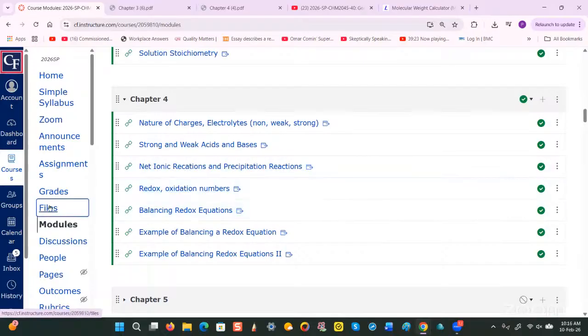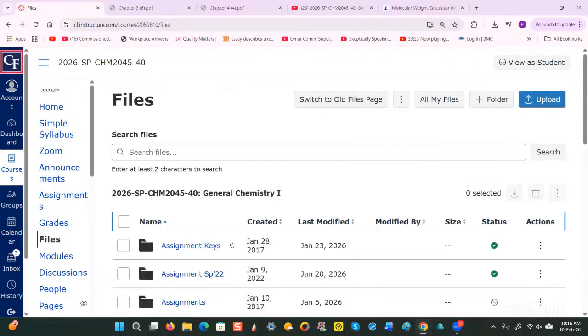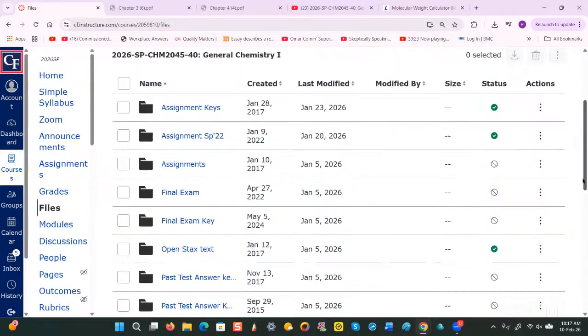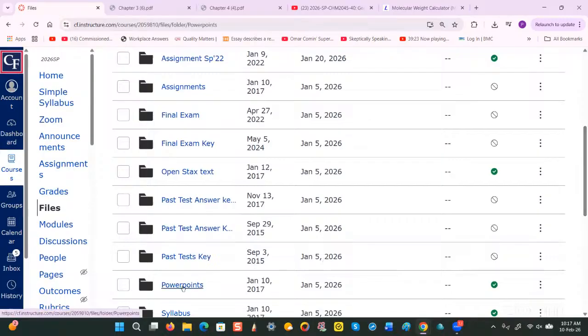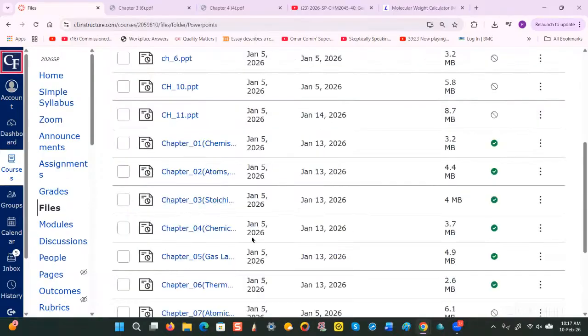Let me go to files. In chapter 4, we're dealing with aqueous solutions, chemical reactions that occur in aqueous solutions.